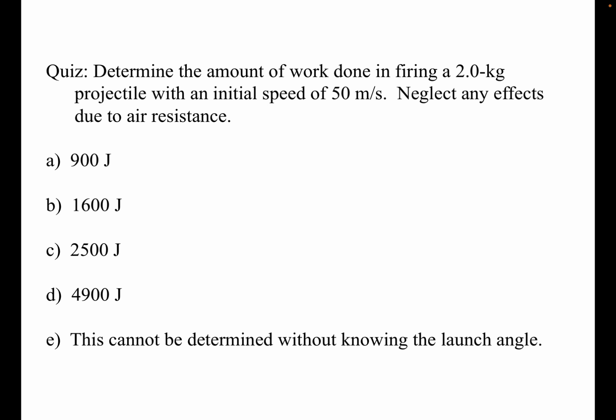Another conceptual question. How much work is done on a 2 kilogram projectile with a final speed of 5 meters per second? So work equals the change of kinetic energy.